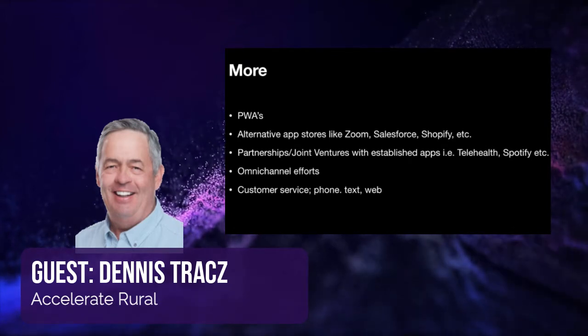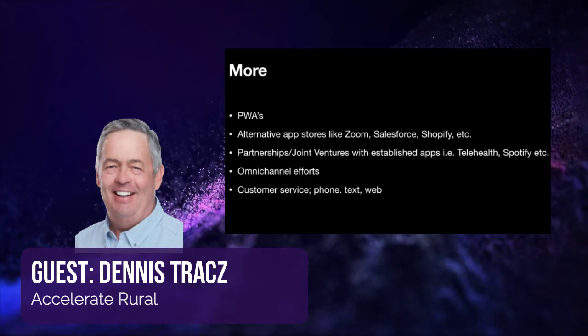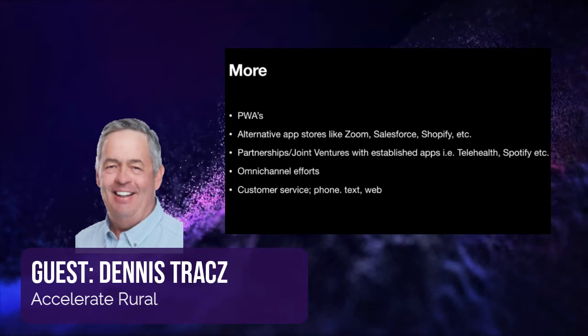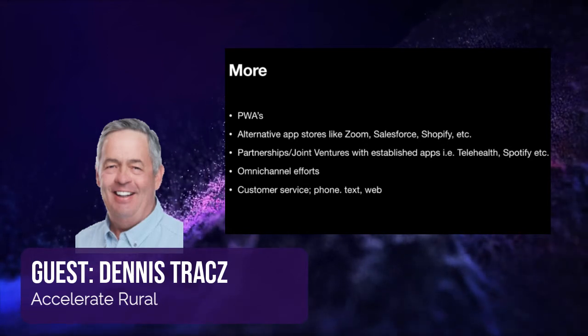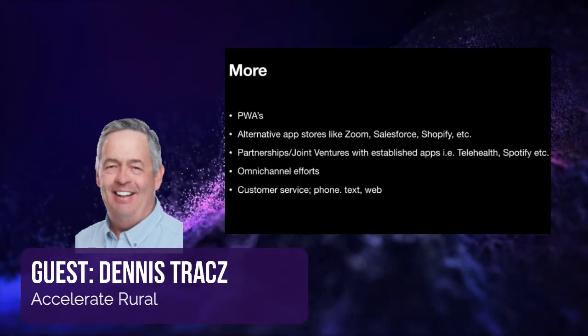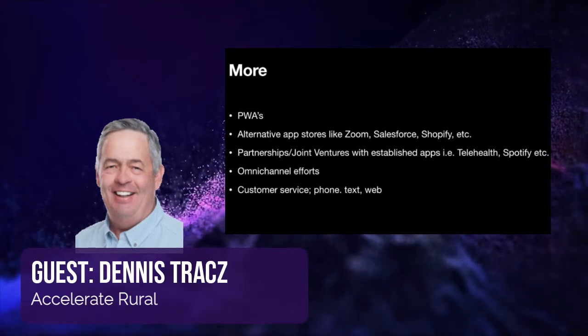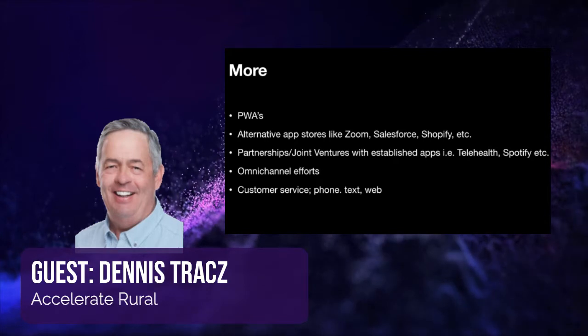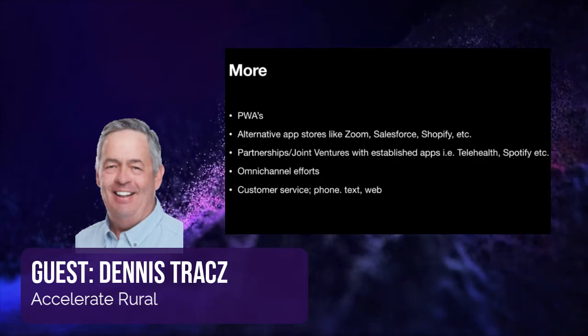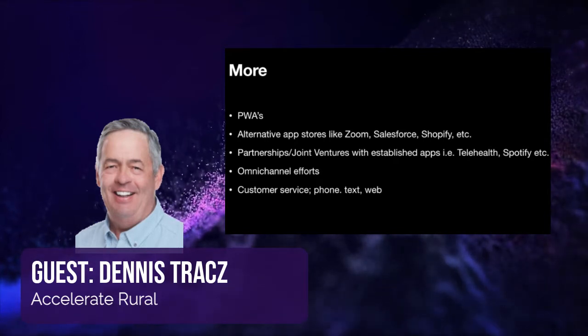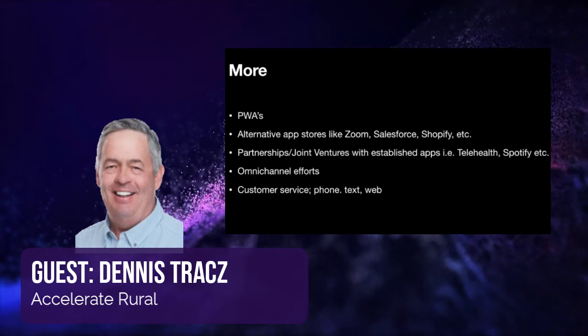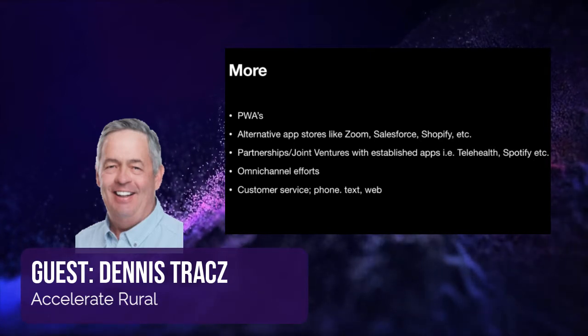Another example of this is Spotify. Spotify provides access to their system through something called an API, which is an application program interface. And with that, you can actually build functionality on top of Spotify that you can monetize.